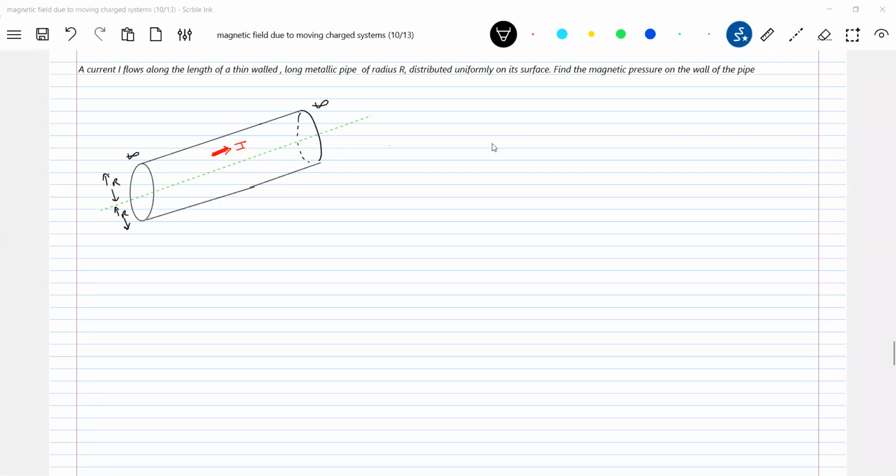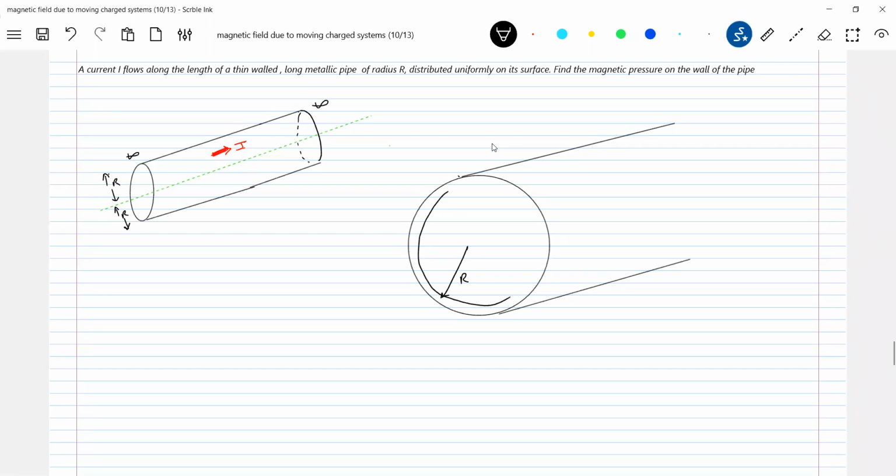So how is the current flowing? I'll assume a pipe of radius R. Current is flowing on the surface, no?